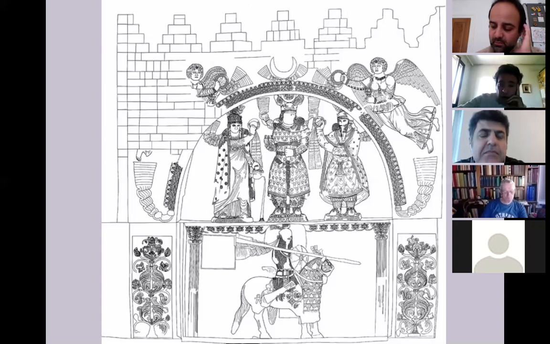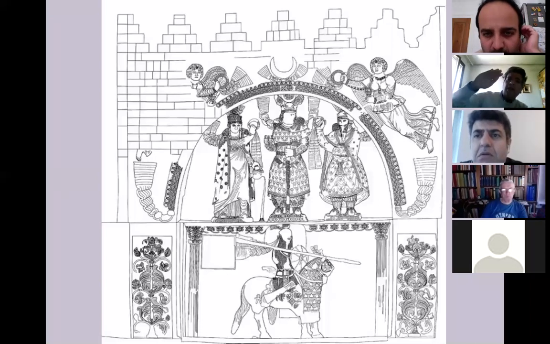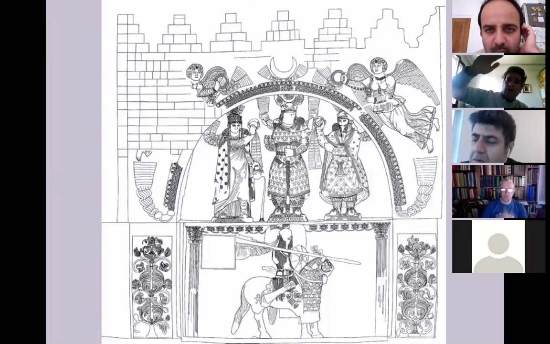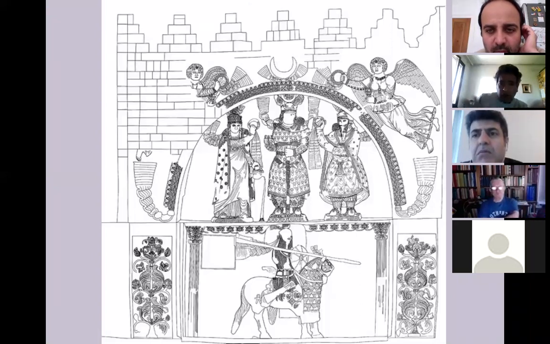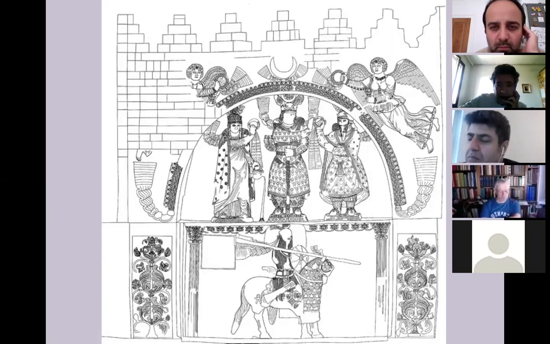The anonymous author is telling us this Bastam was the uncle of Khosrow II. Khosrow Parvez, who probably is the king that you can see in this slide, represented in the upper part, in the middle, between Anahita on the left and Ahura Mazda on the right.